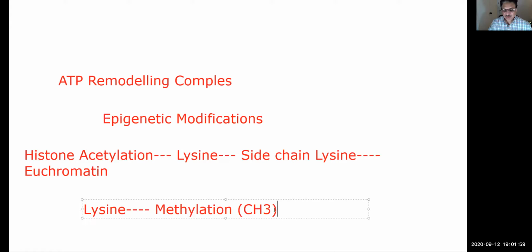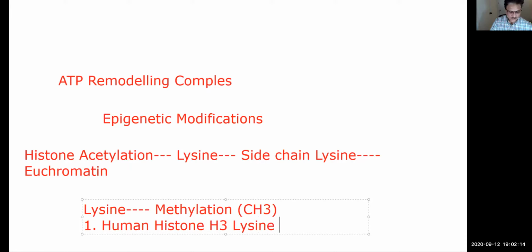Now it depends where it occurs. If the methylation occurs on human histone H3 on lysine 4, so each protein is made up of amino acids, right? So if methylation occurs on lysine number 4, it causes gene activation.